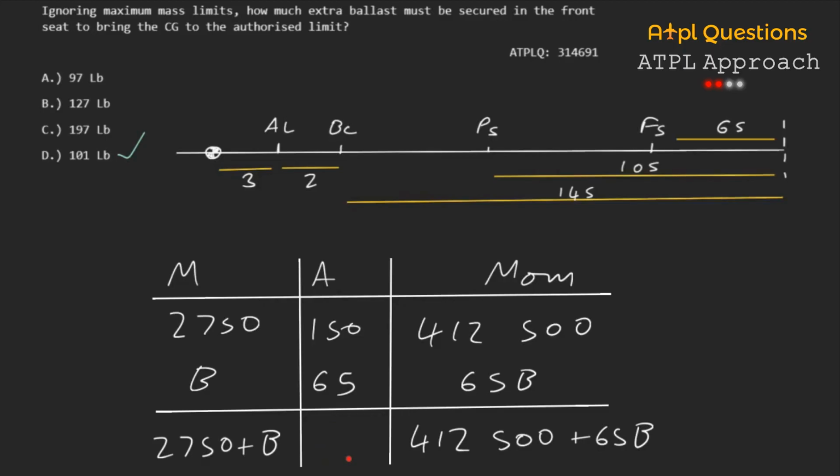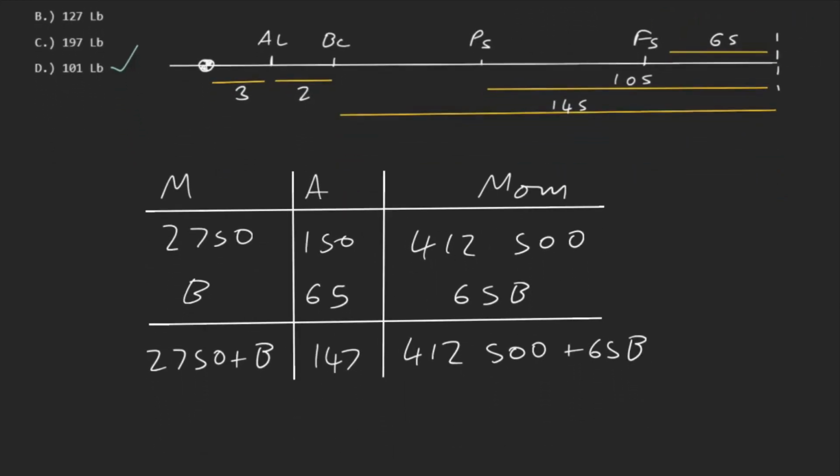This is where we want the arm, the center of gravity, to be in the final configuration. Well, the whole point of adding the ballast here was to put it in a specific place, which was on the aft limit. And that was 145 plus that 2, which is 147. So what that gives us is now another equation. As I said, the moment is the product of the mass and the arm.